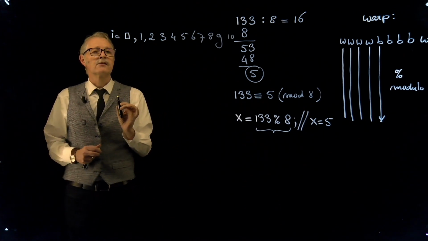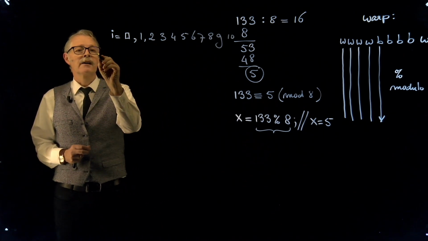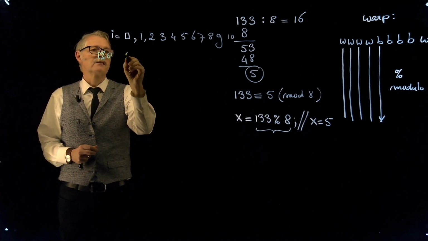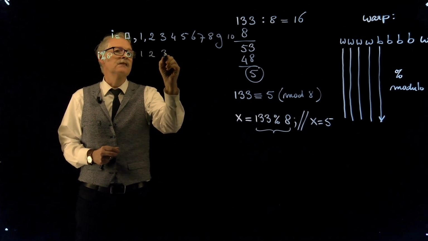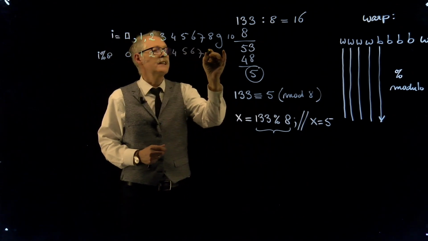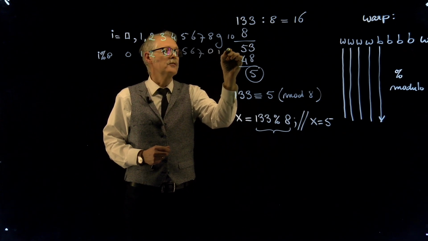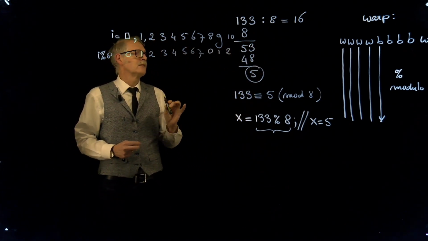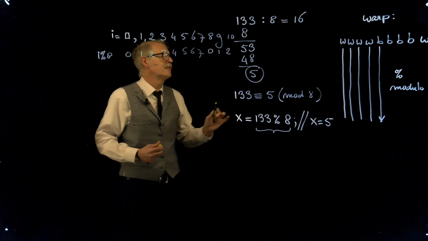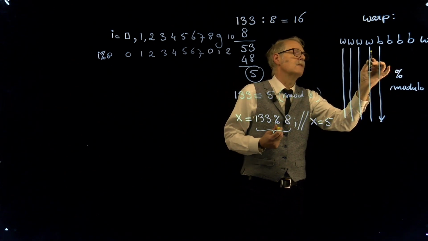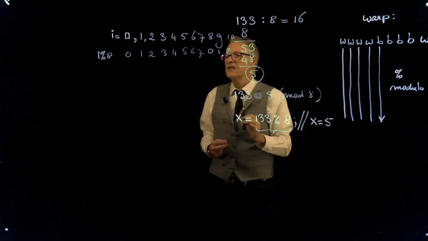Now we can, for each of those integers, calculate i modulo 8. And then we get 0, 1, 2, 3, 4, 5, 6, 7. But here it starts again at 0. 0, 1, 2, 3, 4, 5, 6, 7. So that embodies the idea that after 4 whites and 4 blacks, so after 8 warps, it continues again.